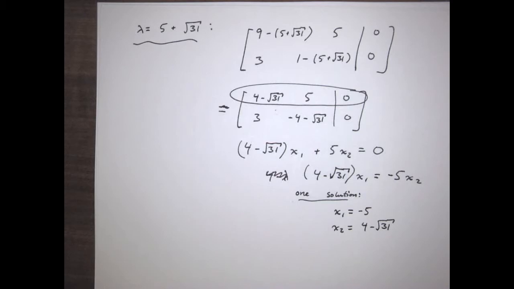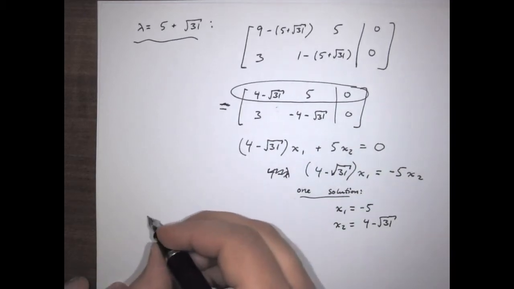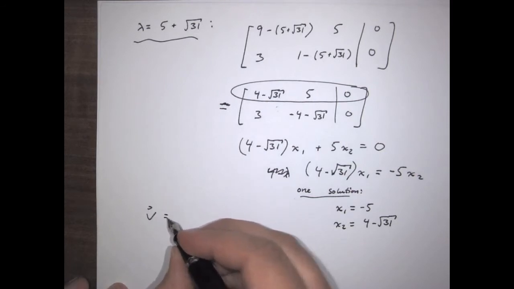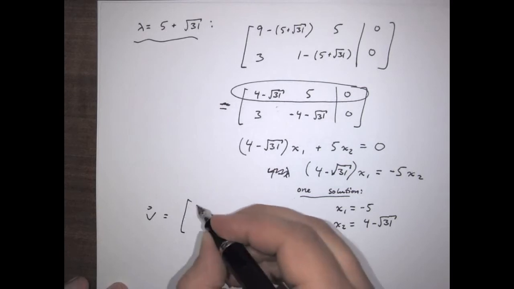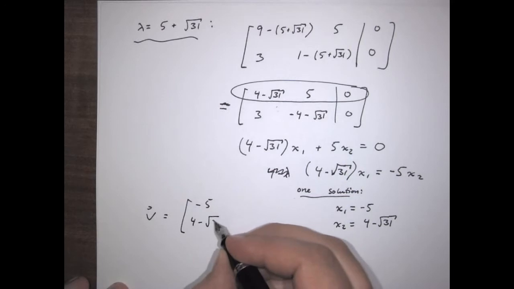And so that'll give you a v for this one of -5 and 4 minus root 31.